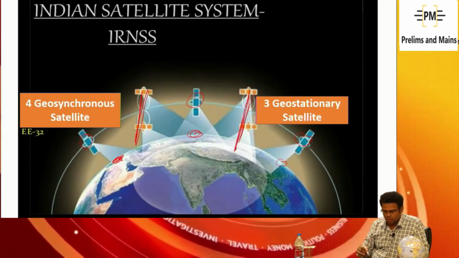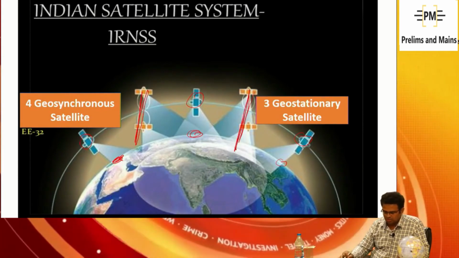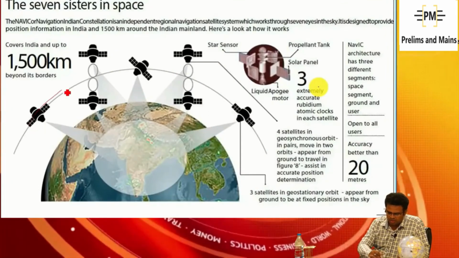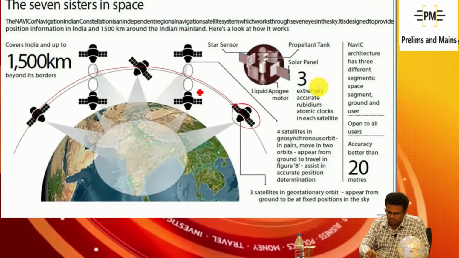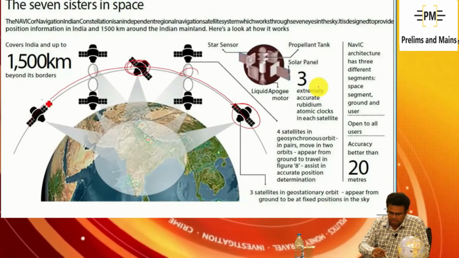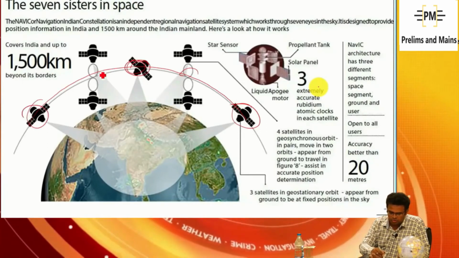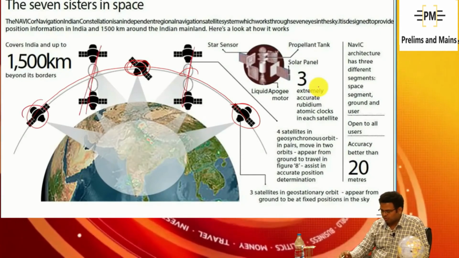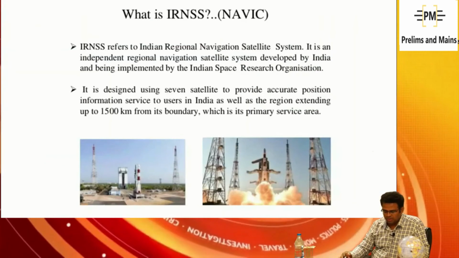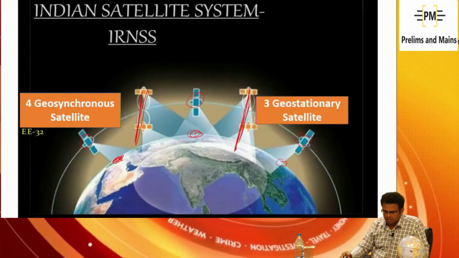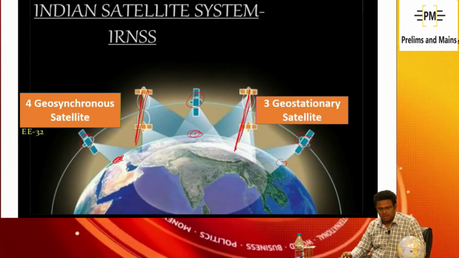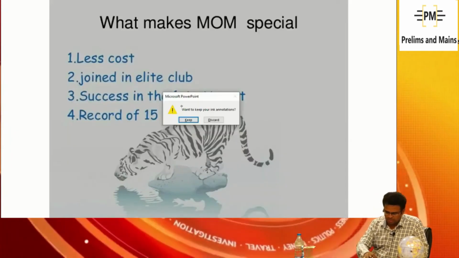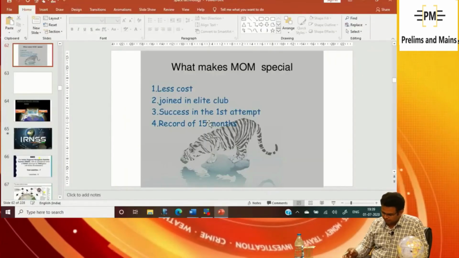So you can see the 4 geosynchronous and the 3 geostationary here. Similarly, you can also see above the equator there are these 3, and here we have the 2 geosynchronous at a certain angle. Okay, so 4 geosynchronous total. This is the way we are covering IRNSS, and we can see that it is a navigational satellite.